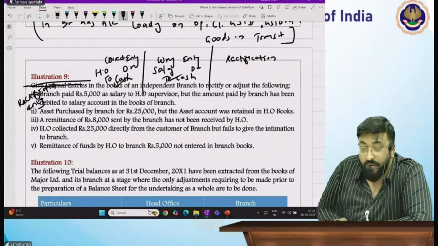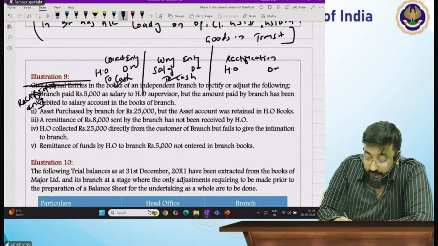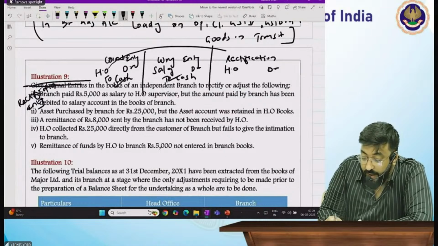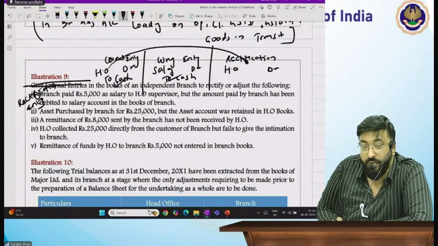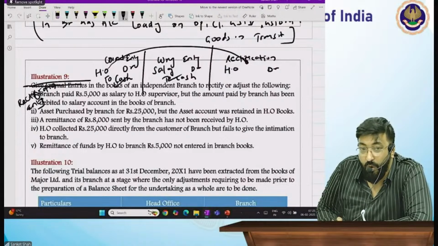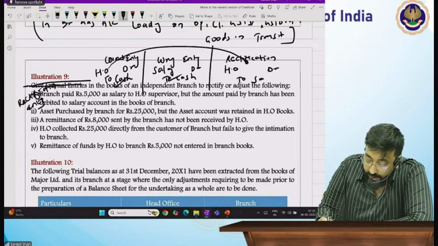Head office. But have they debited? No, sir. So the correct entry which is not the same, we will give the same effect. And salary account we don't want, so we have to cancel it, and therefore we will give credit.